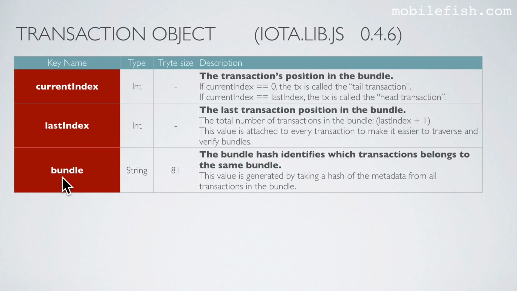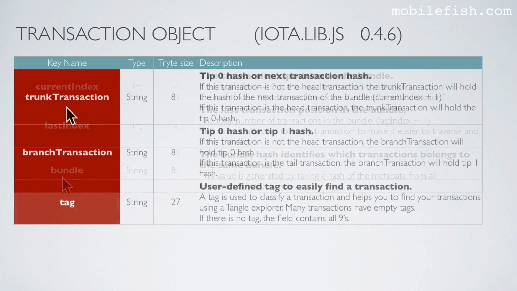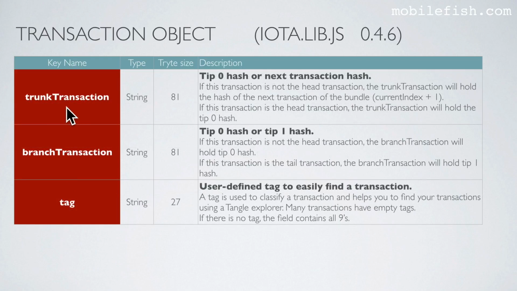The bundle hash identifies which transactions belong to the same bundle. The trunk transaction field holds tip 0 hash or the next transaction hash. If this transaction is not the head transaction, the trunk transaction will hold the hash of the next transaction of the bundle. If this transaction is the head transaction, the trunk transaction will hold the tip 0 hash.